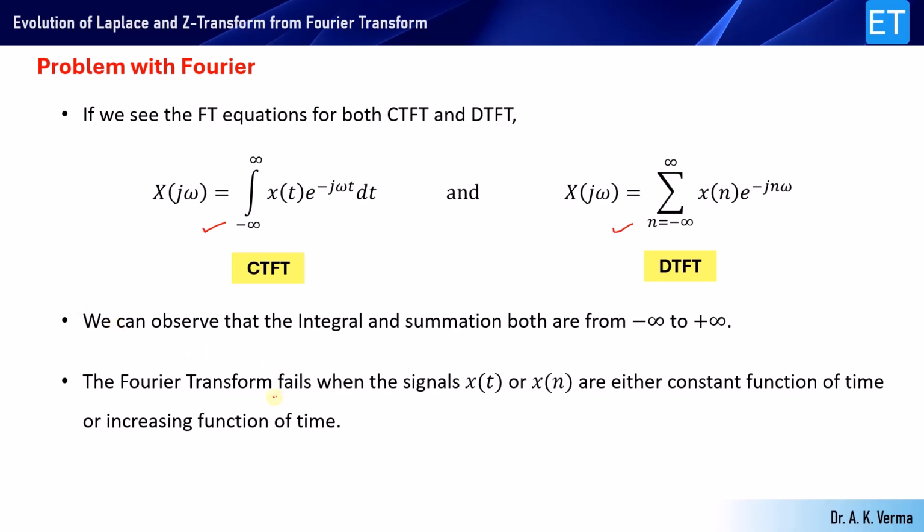So the Fourier transform fails when the signal, either x(t) or x[n], is of constant magnitude with respect to time, or is an increasing function of time. For example, if x(t) or x[n] is a constant function, or an increasing function, then obviously this integration and this summation will give you an infinite value. So they will not converge. That is the problem with the Fourier transform. For such signals, the Fourier transform fails.